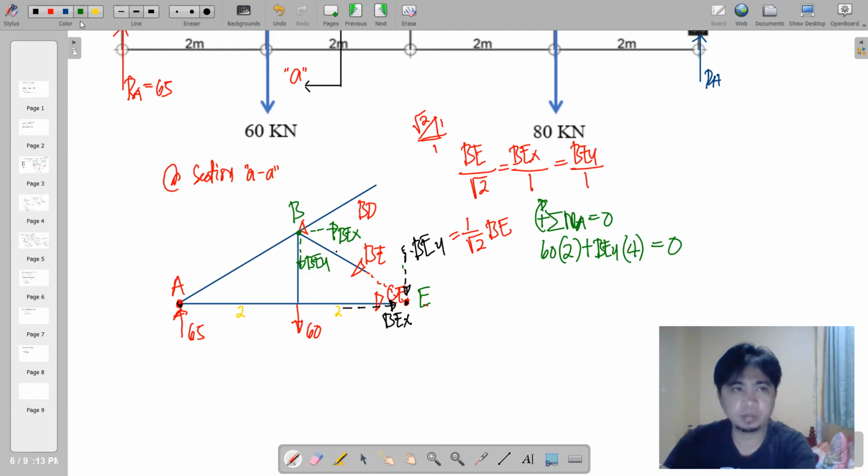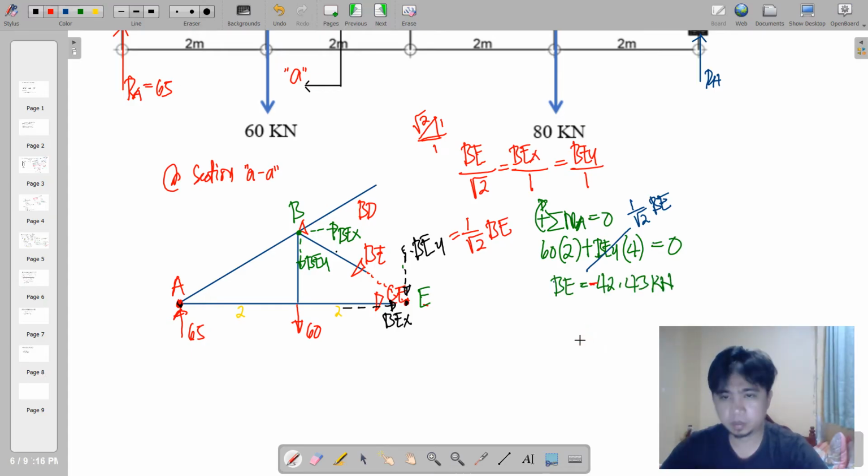We are after BE, so we can express BE by its slope, and then finally we can solve for BE. We will yield a negative value of BE, which is 42.43.